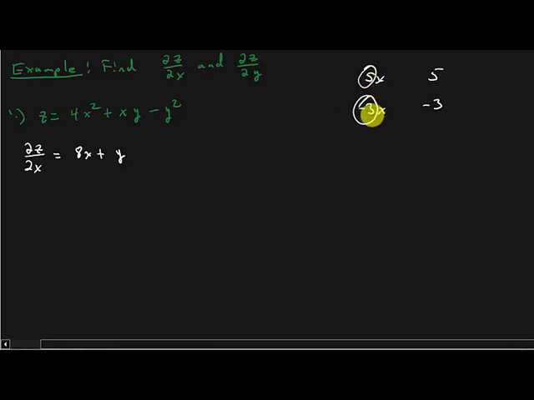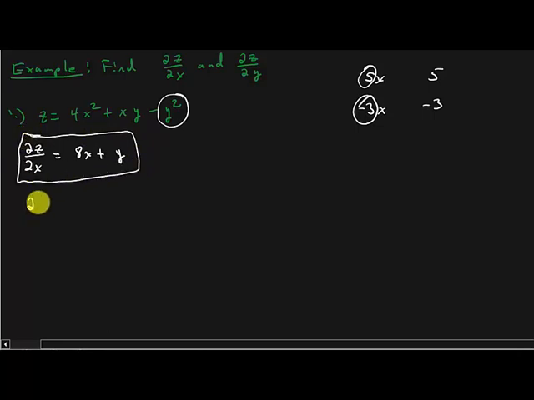You just got to look at y as being a number. And what's the derivative of a number times x? It's that number. Okay? And then the derivative of y squared, remember, this right here is a number. So the derivative of that is 0. The derivative of a constant is 0. And so this is your answer.